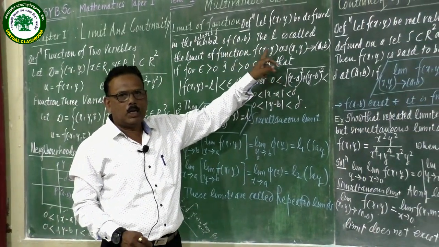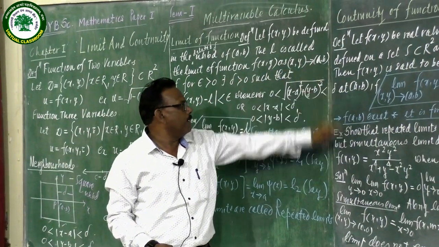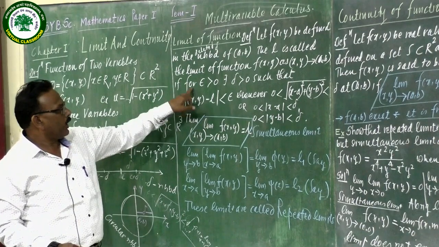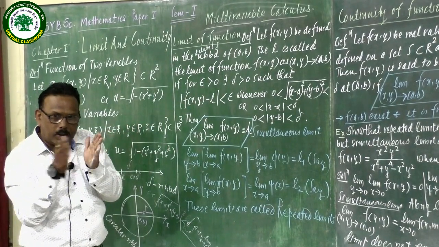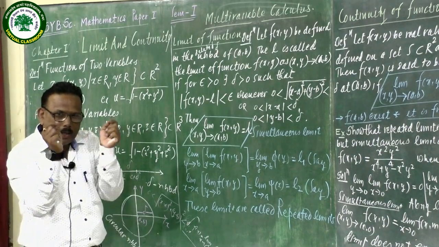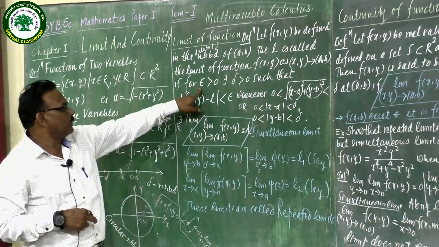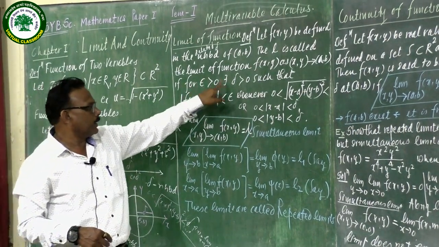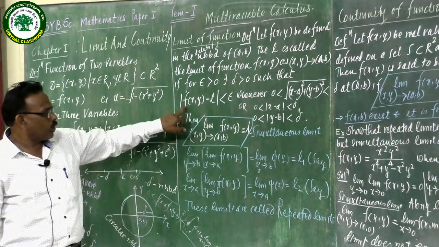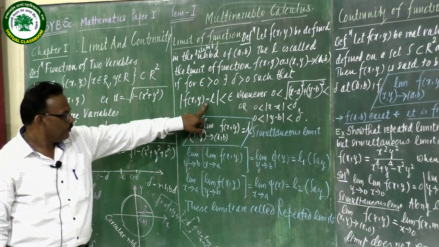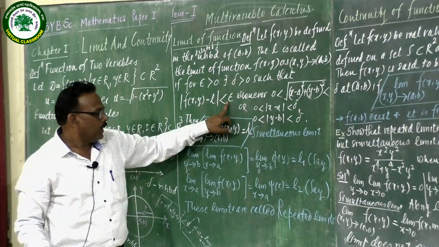L is called the limit of the function f(x, y) as (x, y) approaches (a, b), if for epsilon greater than 0, epsilon being a very small number, and as (x, y) tends to (a, b) means the distance between them should be as small as possible, there exists a delta greater than 0 such that modulus of f(x, y) minus L is less than epsilon in this neighborhood.